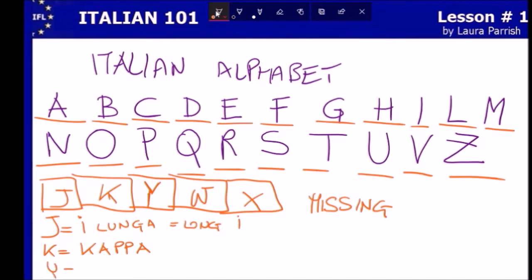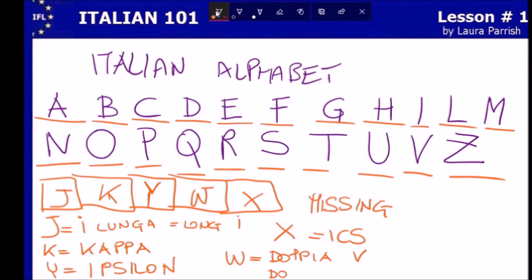This one is called Y. Even in mathematics they call it Y. This one is called X. Pronounced like that, X. And this is called W. Double V.